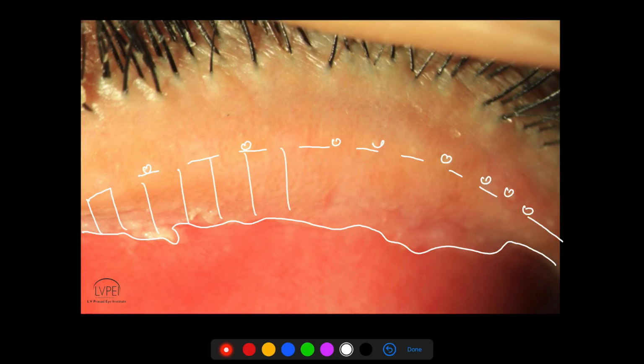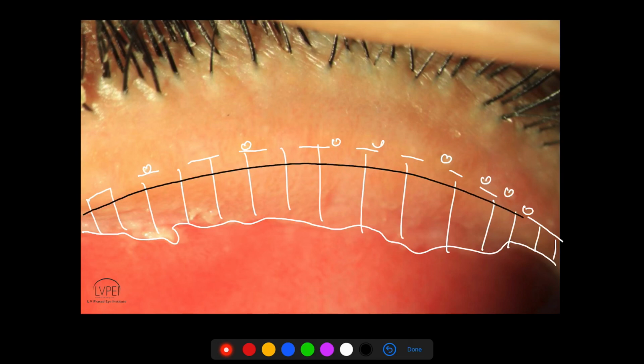So, you will see that this is a very, very large area, and obviously you can understand that this posterior lid margin, which is over here, is now covered by a keratinized epithelium which is constantly rubbing on the cornea, and that will obviously over a period of time cause keratopathy, which may initially be just SPKs and vascularization and scarring, but eventually will result in limbal stem cell deficiency and epithelial defects and so on and so forth.